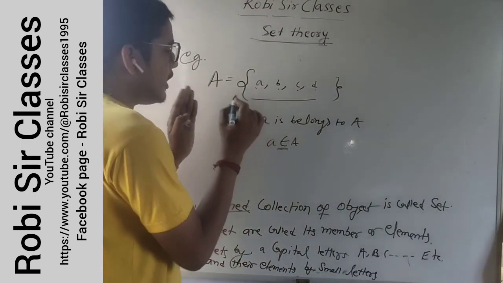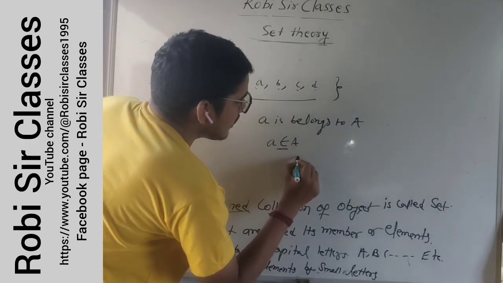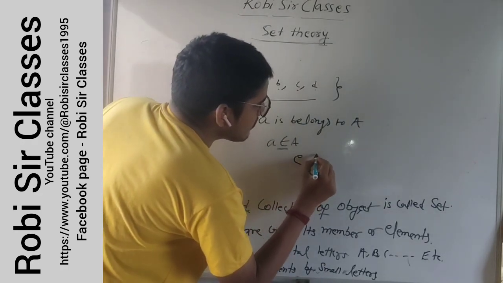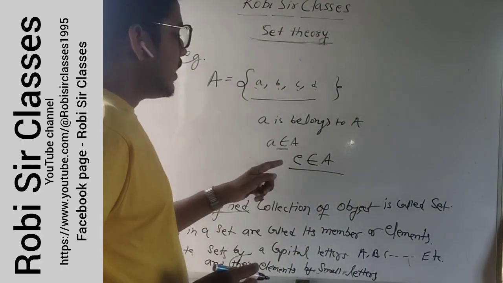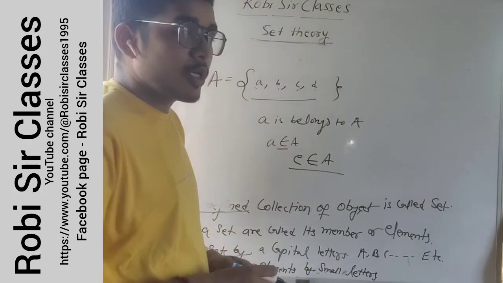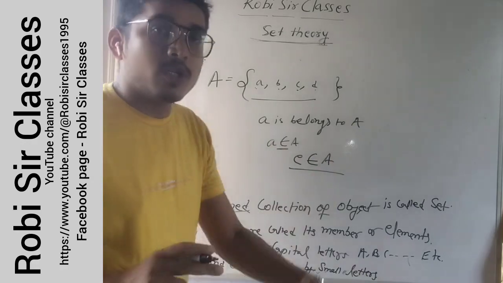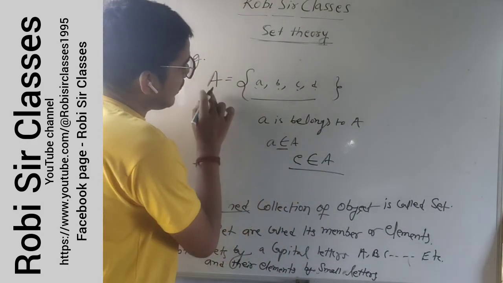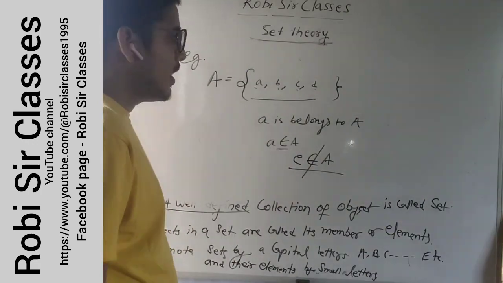And if I ask you, e belongs to A, is it true or false? It is false, because e does not belong to A. So you can write e does not belong to A.